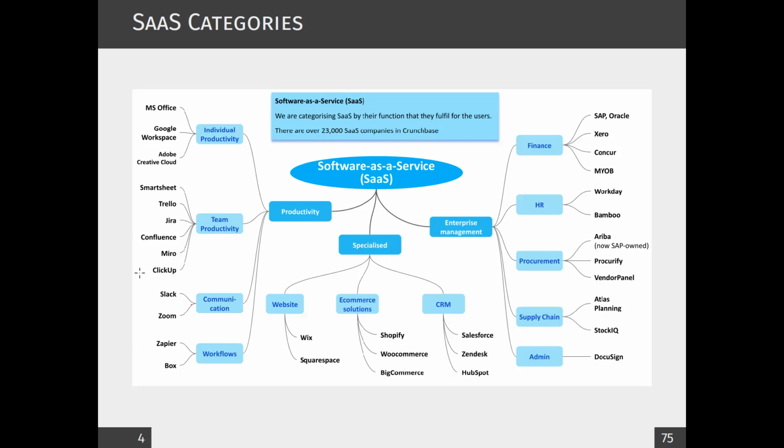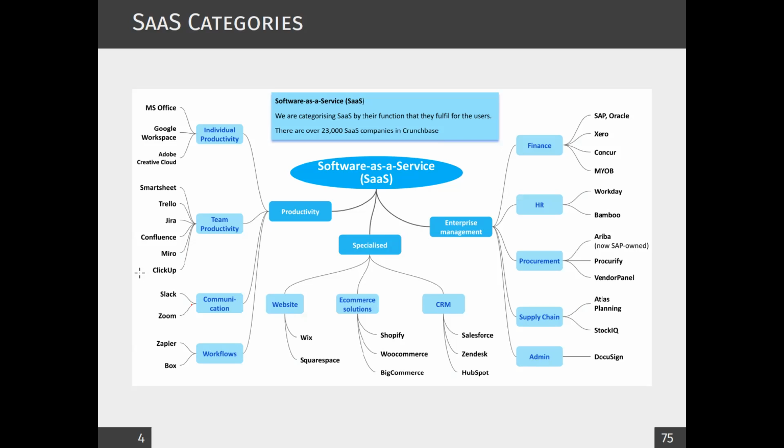And then at enterprise level, for finance we have SAP and Oracle. HR, we have Workday. Procurement, we have Ariba. Then we have supply chain, Atlas planning, admin, DocuSign.